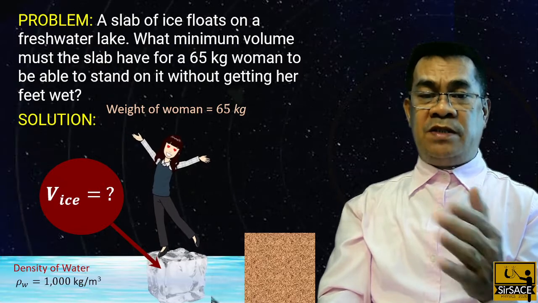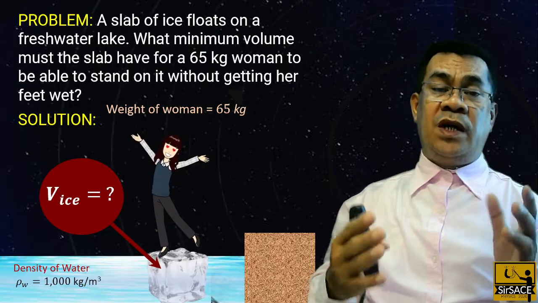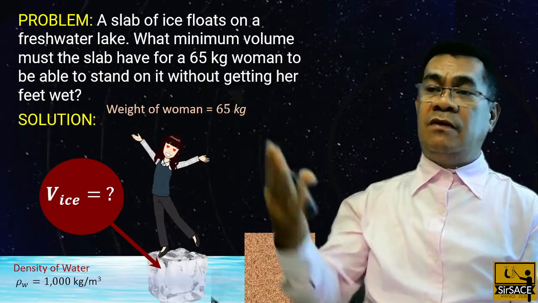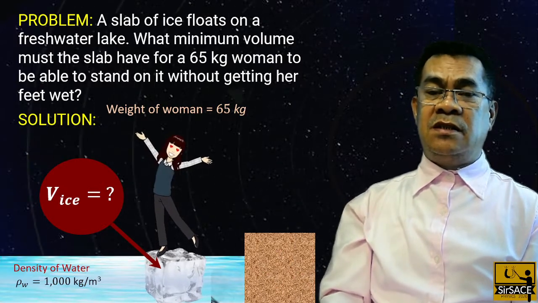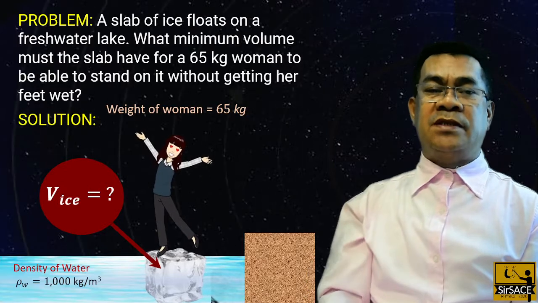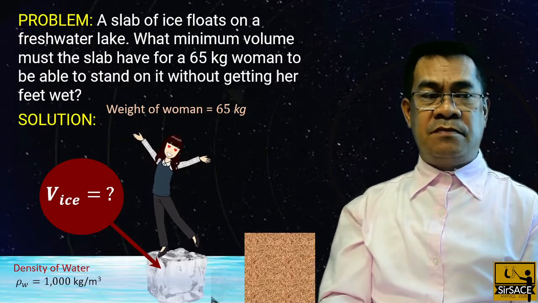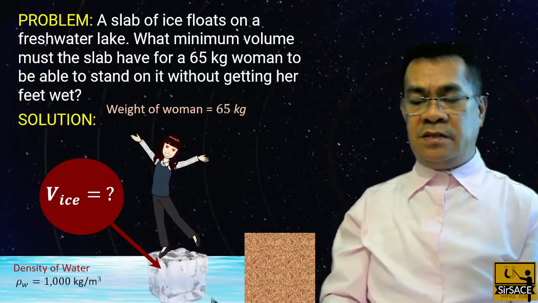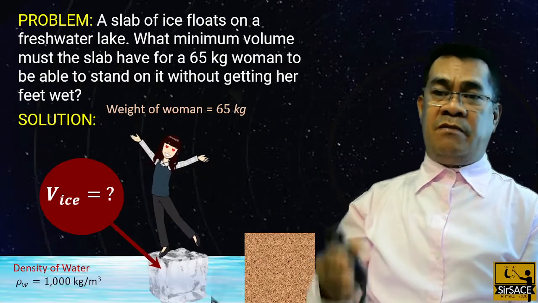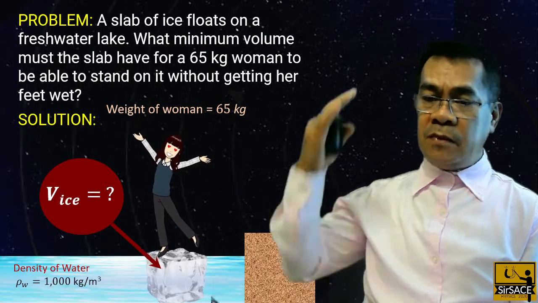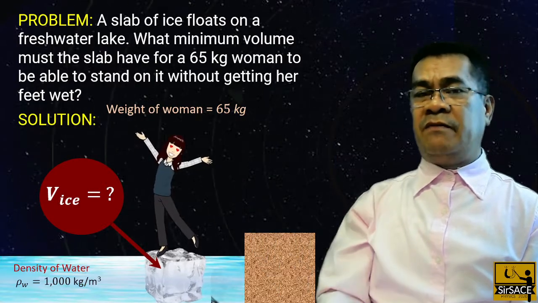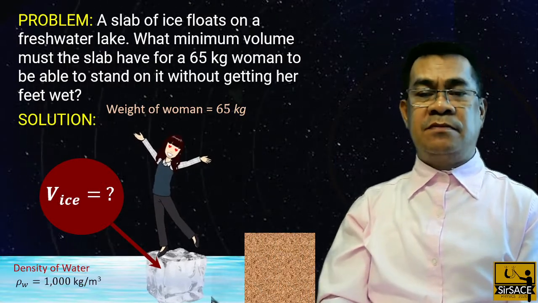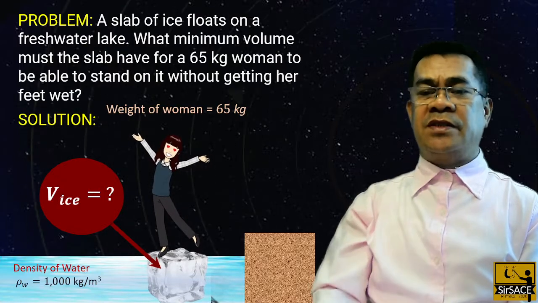So it should be static equilibrium, meaning we can apply Newton's first law. It says if you sum up all forces, the sum should be zero. If the net external force is zero, the body is at rest, or a body will continue in motion without stopping. So in this case, the net external force is zero.